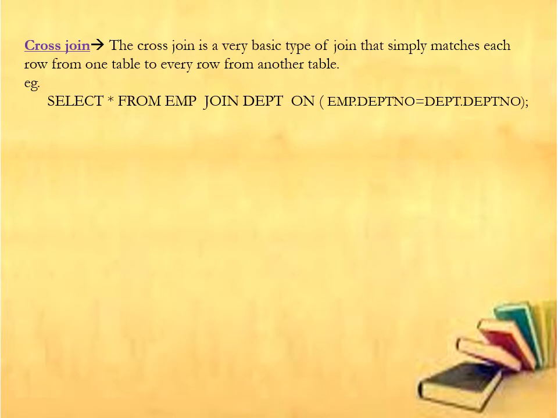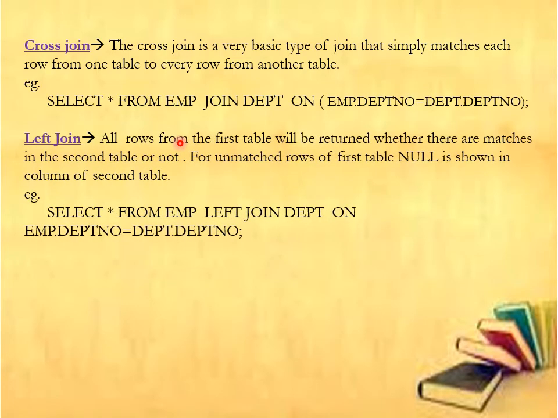The cross join is a very basic type of join that simply matches each row from one table to every row from another table. This is known as cross join. So when we apply join on two tables, it will show the data from both the tables.